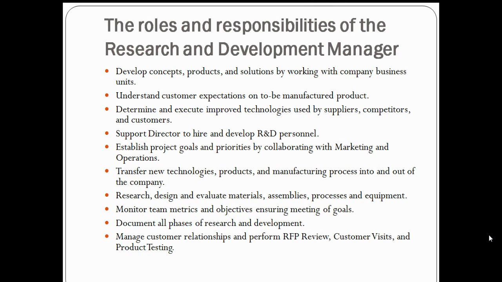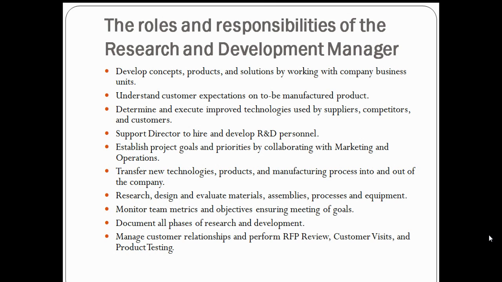Then after the design, they have to monitor the team metrics and objectives, ensuring the meeting of goals. Then documentation for all phases of research and development. And the last one is to manage the customer relationships and perform RFQ, customer visits, and product testing.